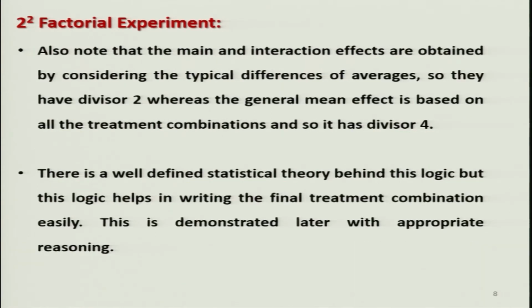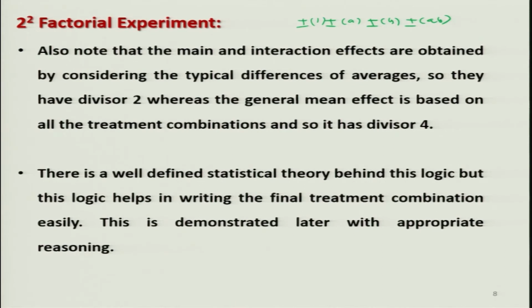Right? And one thing you have to note down is that we have used only 4 values, 1, A, B and AB, and these values are combined together with the signs plus and minus. Somewhere it is plus, somewhere it is minus, and then they are found using a typical type of differences of these averages.